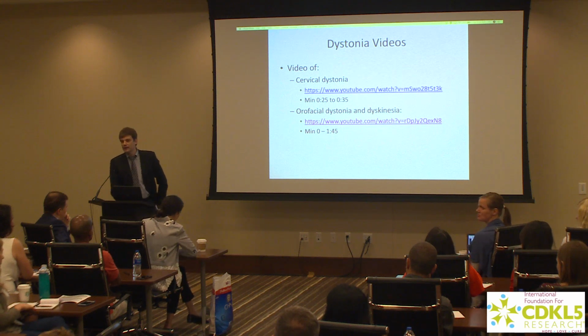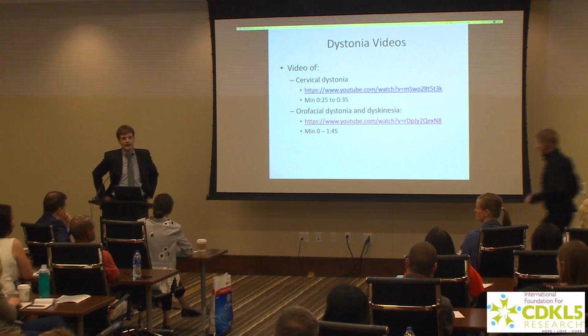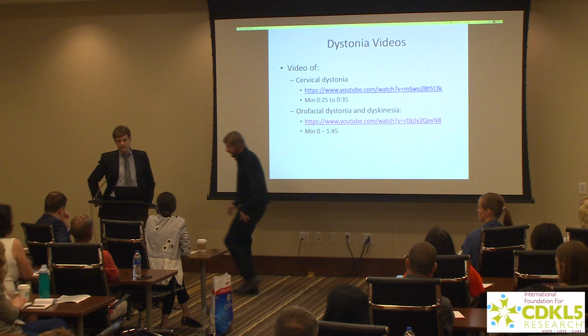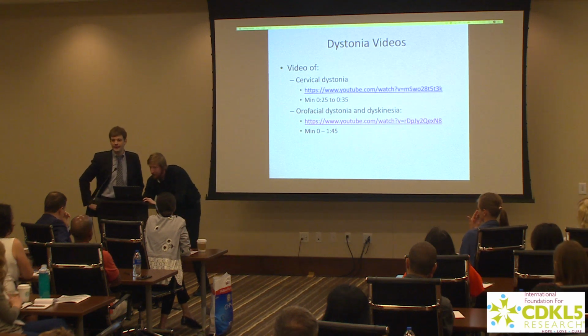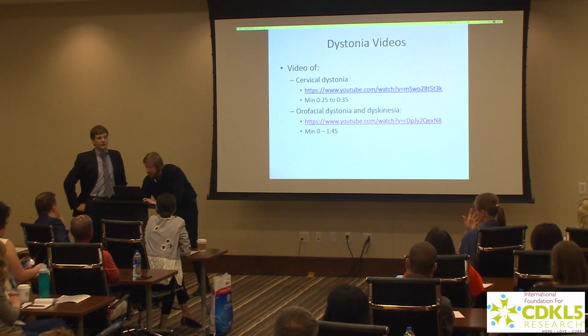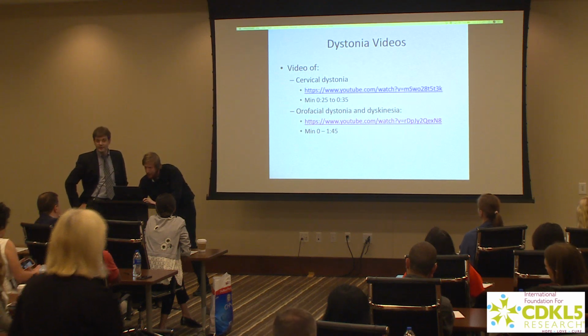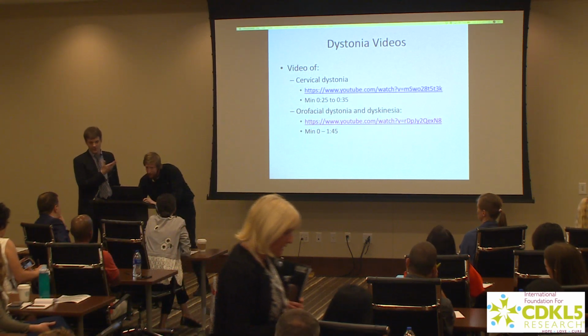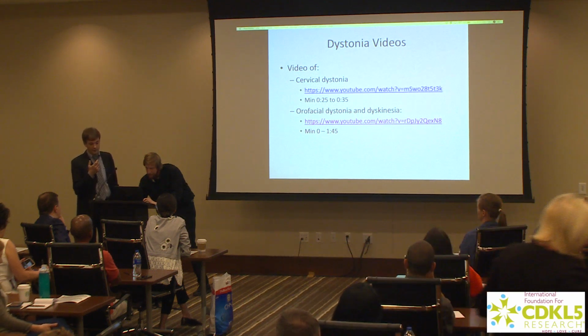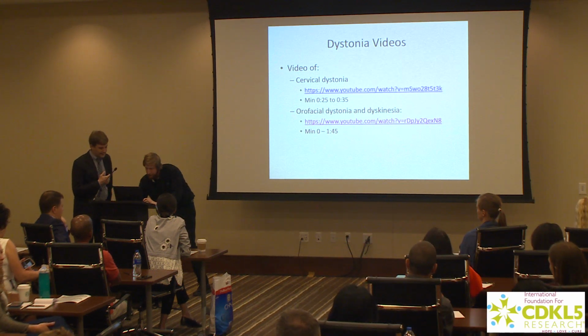Okay, I'll repeat the question. Can you have dystonia in the stomach or in your gastrointestinal system? So dystonia typically is a function of a voluntary muscle, even though you don't voluntarily do these movements.